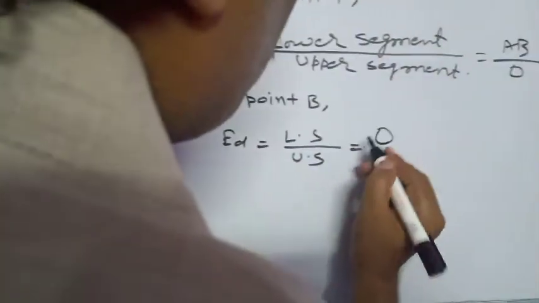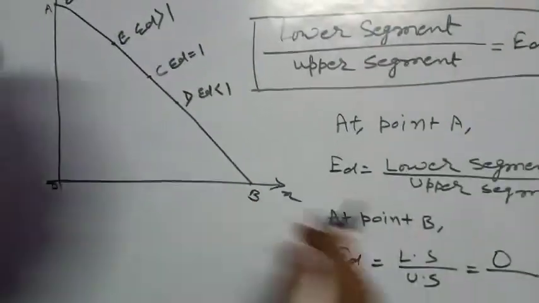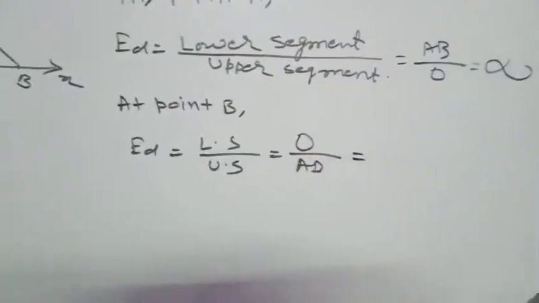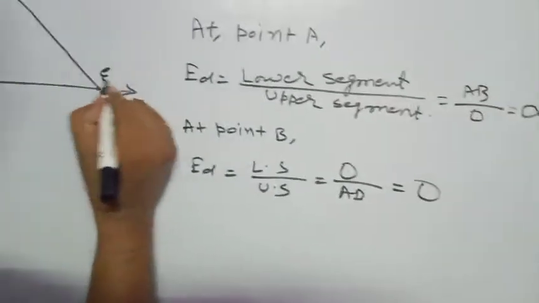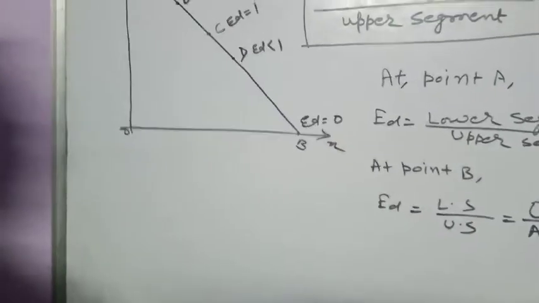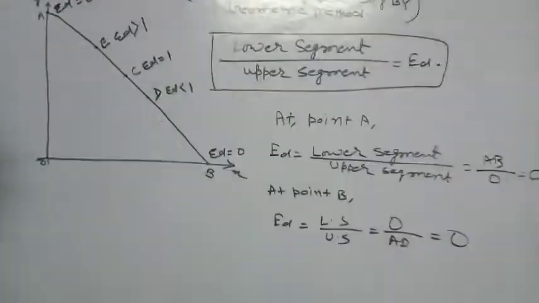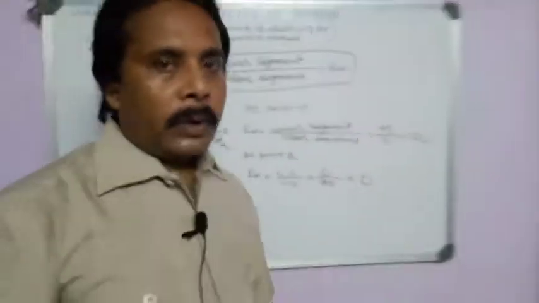That is 0, and upper segment is AB. So 0 divided by any number is equal to 0. So at point B, ED is equal to 0. So in this way, we can measure the elasticity of demand through geometry method. Okay.